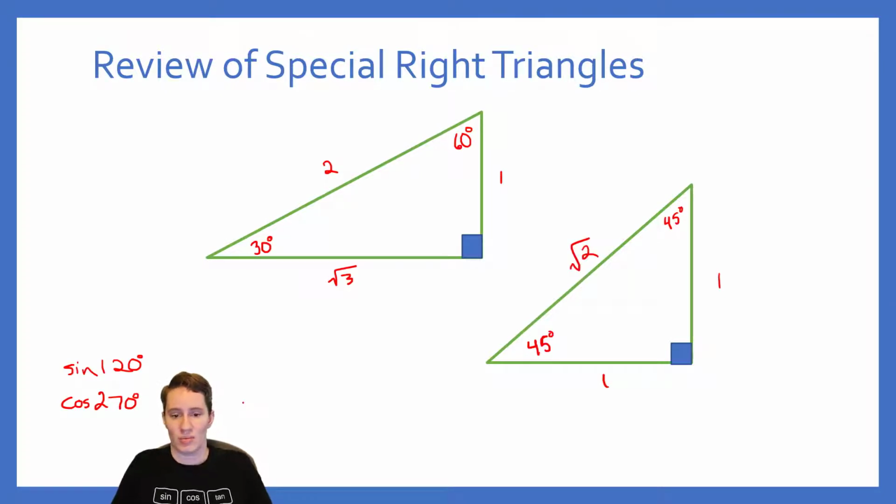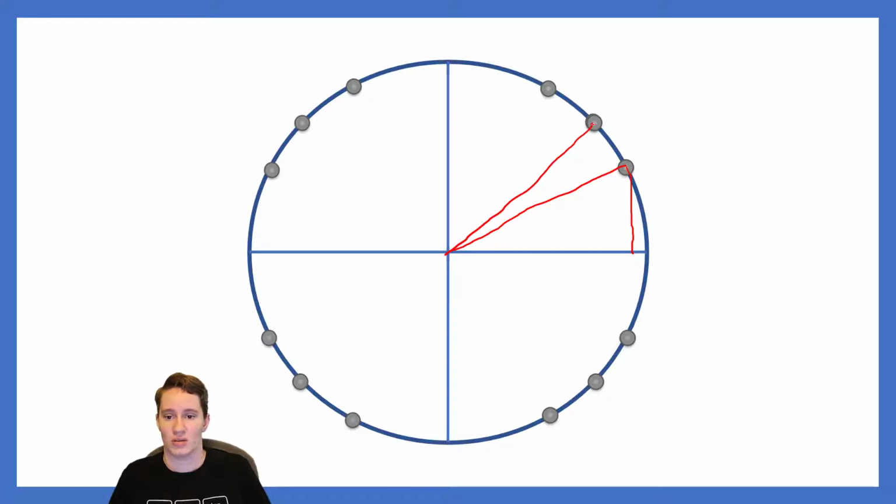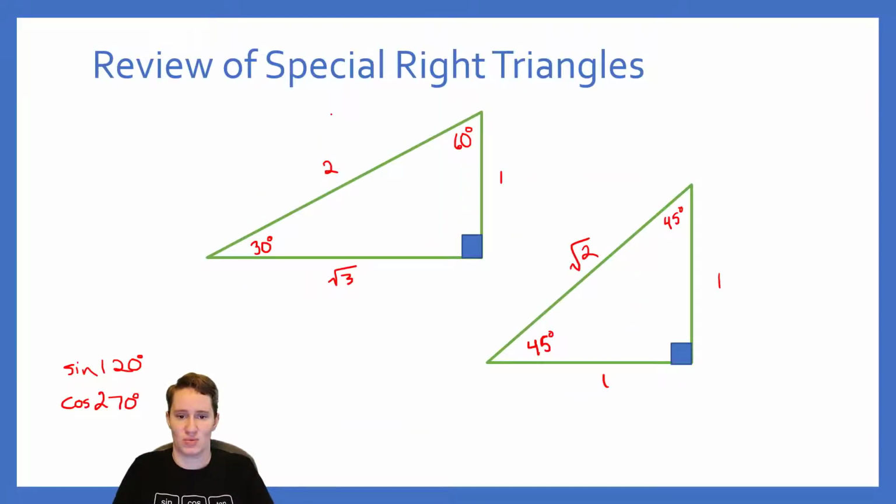Basically, we're going to make triangles that look like this, that go with our special angles.